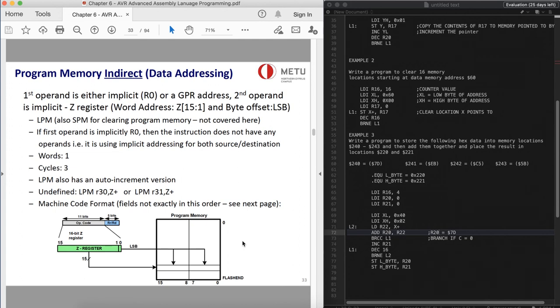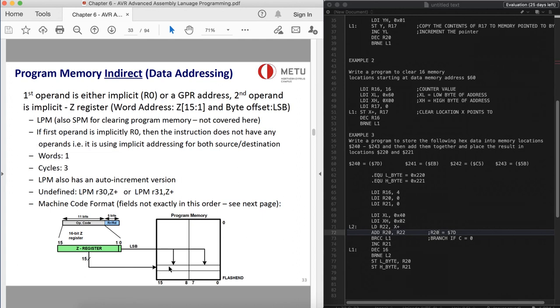It's similar. Now, the only thing that we need to take care of here is the program memory content addressing. Now you can see the Z register. The least significant bit of the Z register defines if we are going to read the low byte or the high byte of the program memory. This is important.